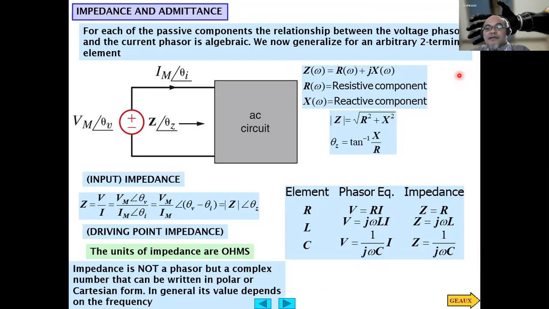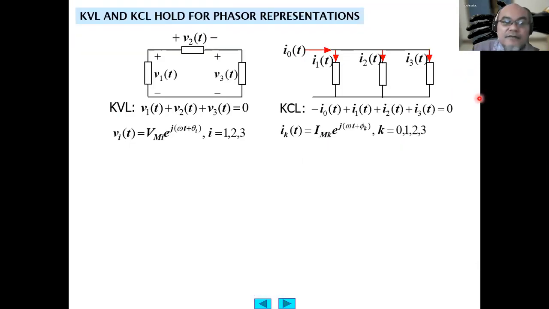So here let's check whether KVL and KCL hold for the phasor representation also. Here we have v1(t), v2(t), and v3(t).